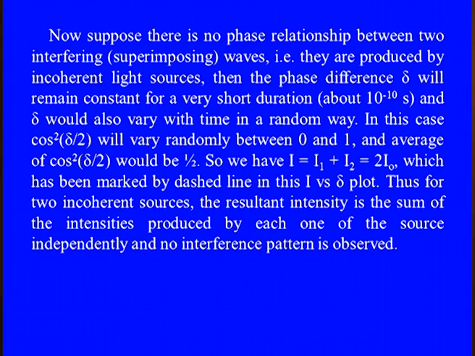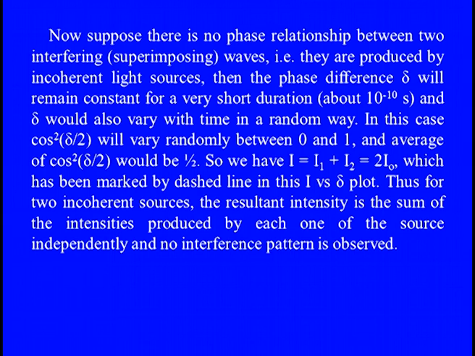Now, suppose there is no phase relationship between the two interfering waves, that is, they are produced by incoherent light sources. Then the phase difference delta will remain constant for a very short duration of time, of the order of 10 to the power minus 10 second, and delta would also vary with time in a random way. In this case, cos square delta by 2 will vary randomly between 0 and 1, and the average of cos square delta by 2 would be half.